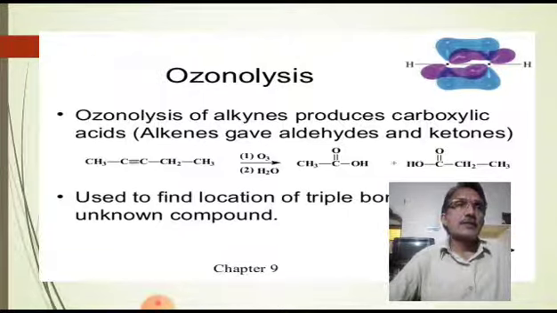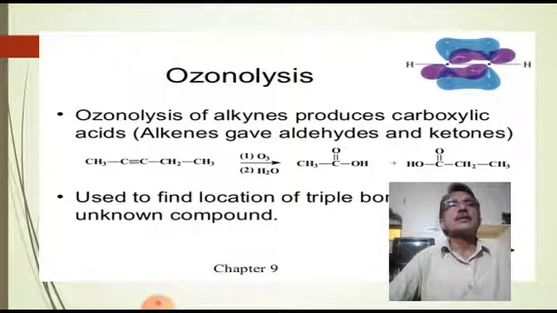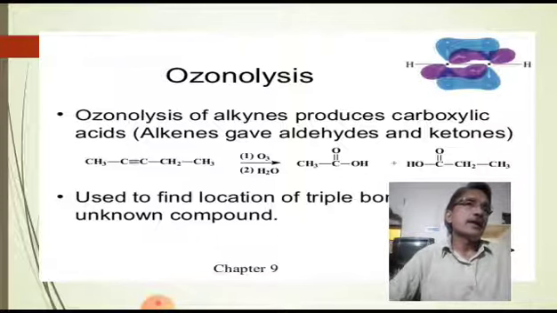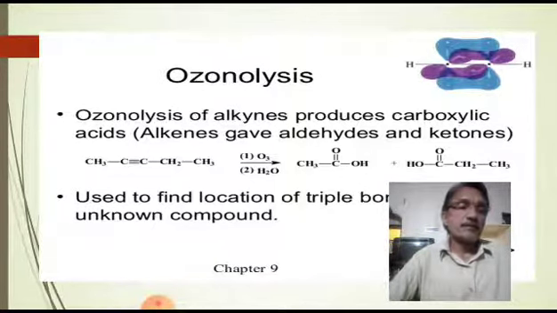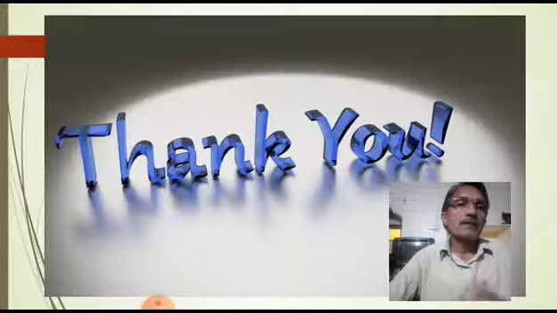It means that ethyne is less reactive than ethene. Similarly, propyne is less reactive than propene. Butyne is less reactive than butene. So all alkynes are comparatively less reactive than corresponding alkenes. Thank you.